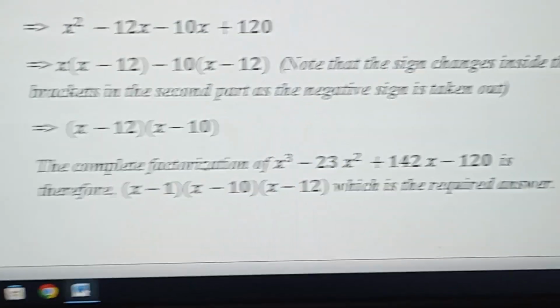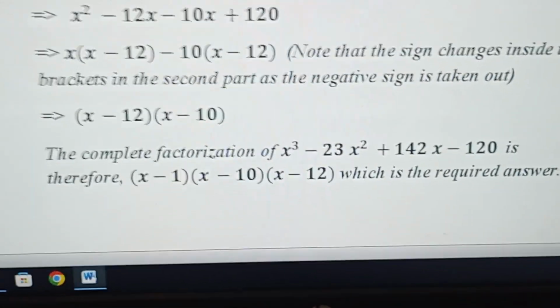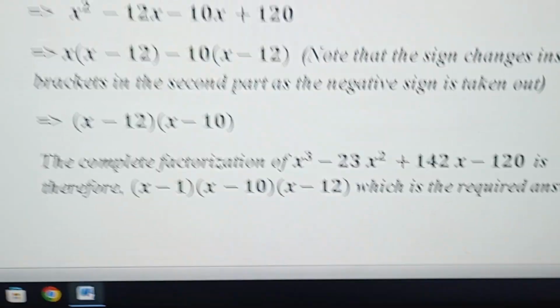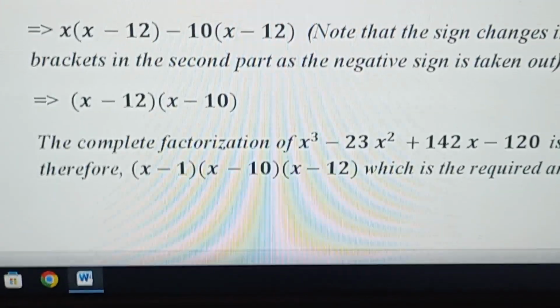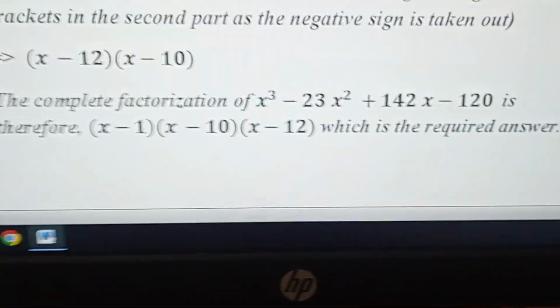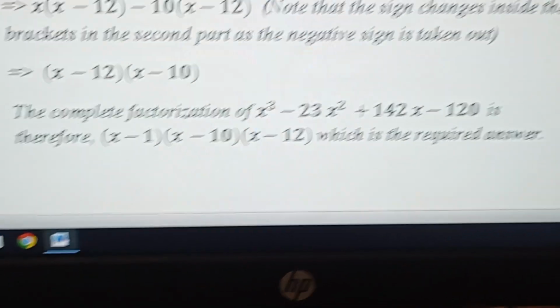Therefore, we take x minus 12 out and put the remaining terms within the next set of brackets. We get x minus 12 into x minus 10. These are the other two linear factors, and the complete factorization is now ready.